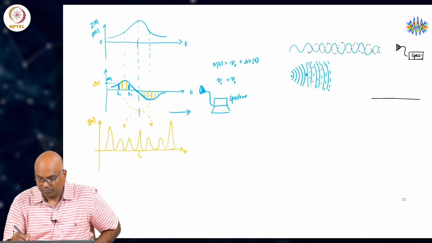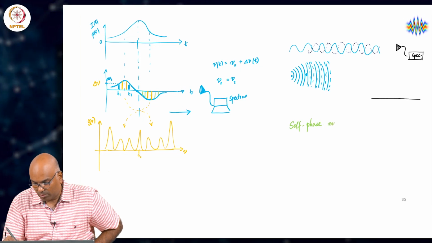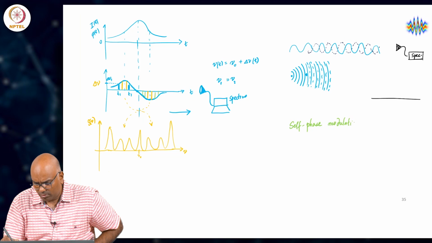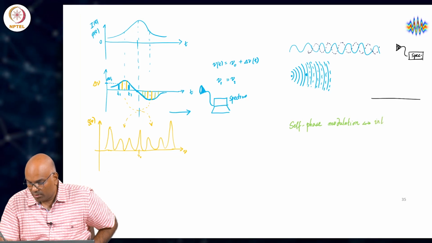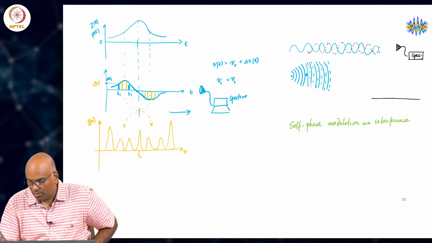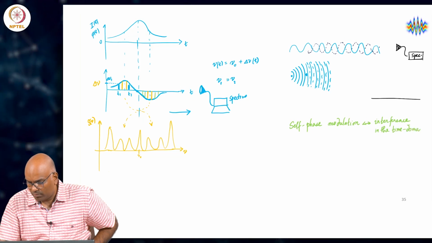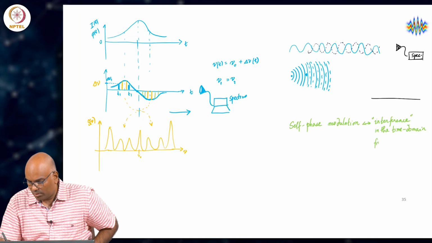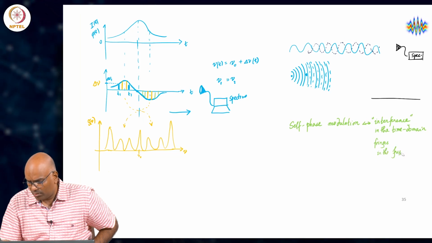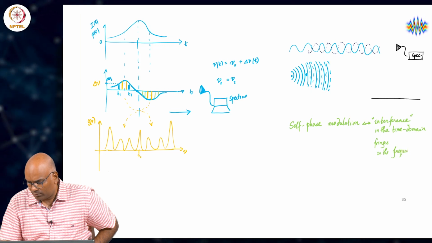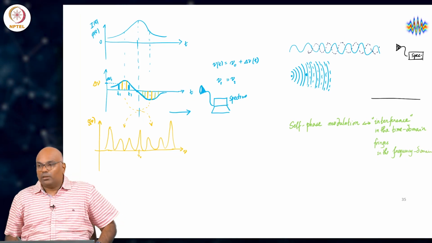So, that is the consequence of self phase modulation, which you can say is interference in the time domain, giving fringes in the frequency domain, right.